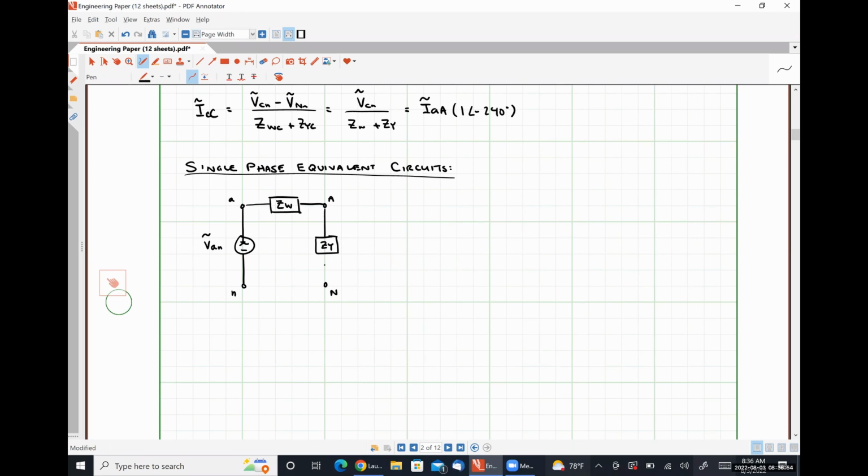And then connecting our neutral terminals together will be a short circuit, since we know that the voltage drop across the neutral conductor is 0 and the current flowing through the neutral conductor is 0. We will also have a B-phase equivalent circuit, which will literally be the exact same thing, except our voltage here will be VBN.